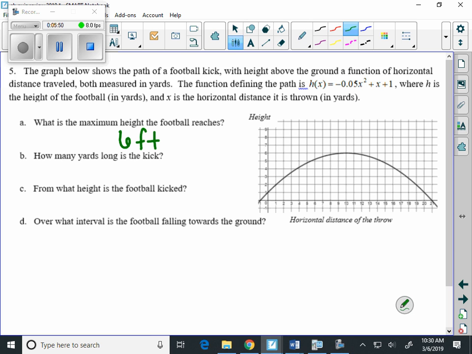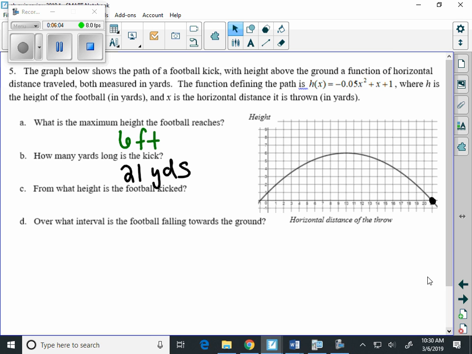Second question, how many yards long is the kick? Well, that is this number right here, in black, which is the 21 yards. It says, from what height is the football kicked? Once again, a reminder that that is the y-intercept. So it's going to be 1 foot for 1 yard.